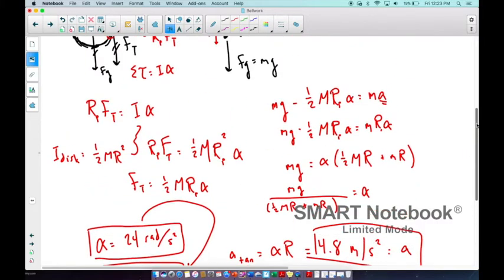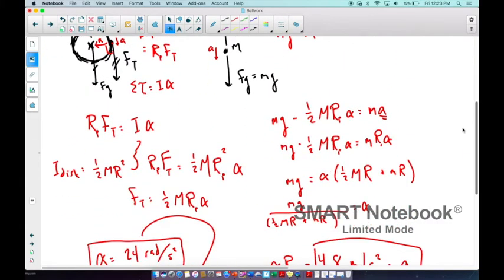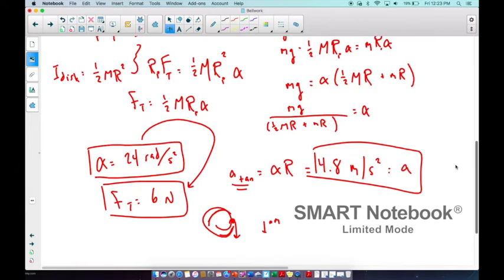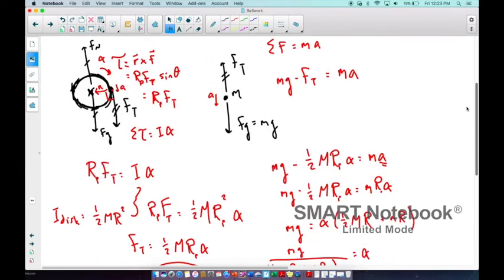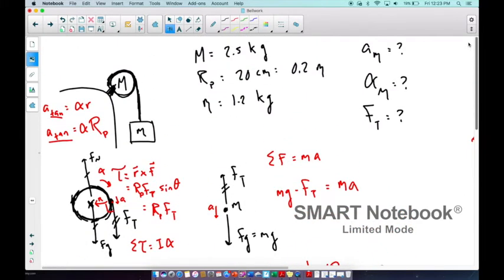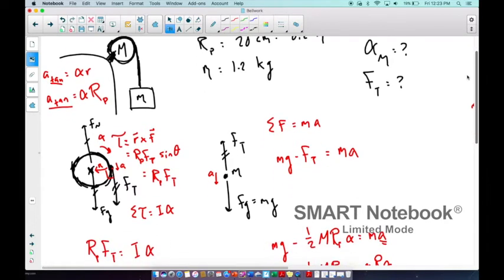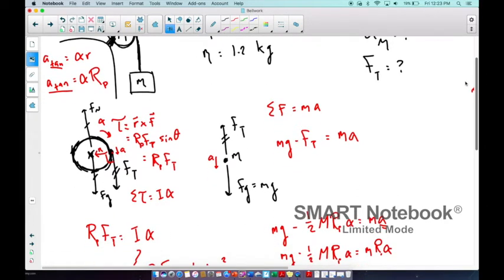So this may seem a little bit overwhelming with everything that we've written and all the concepts we have to keep straight, but it's really the exact same type of question that we've been doing all along. It's a Newton's law question, analyzing the motion of these objects, where we just begin by drawing free body diagrams. That's all we did.